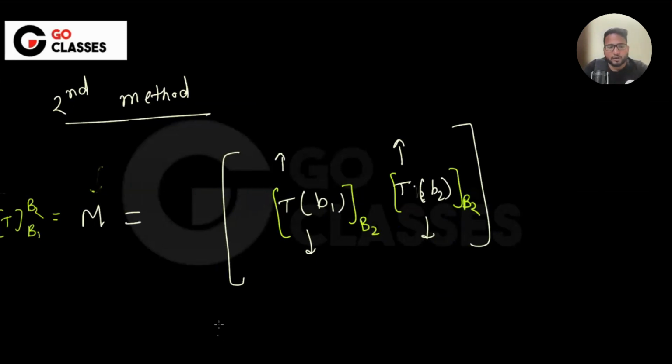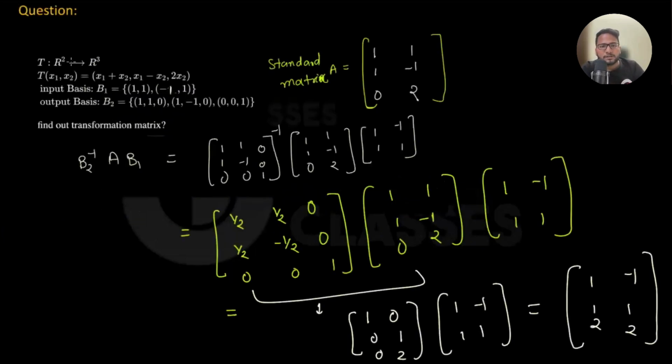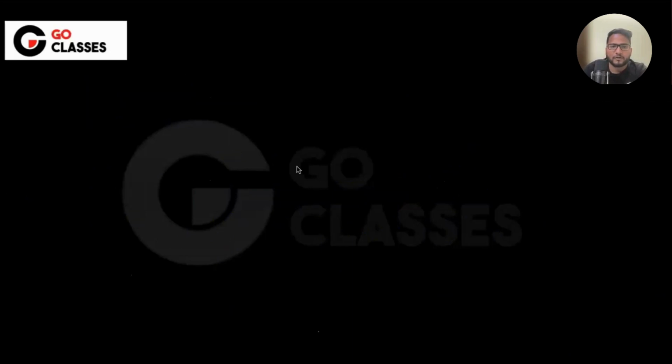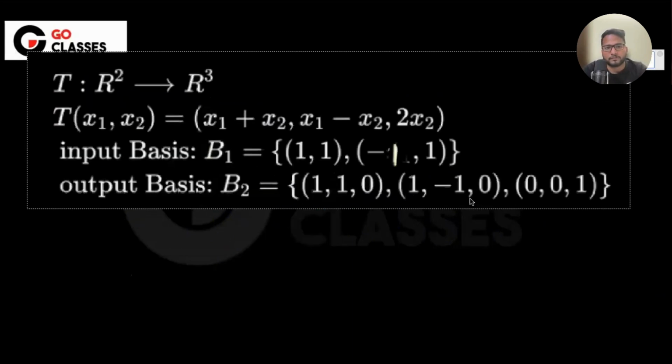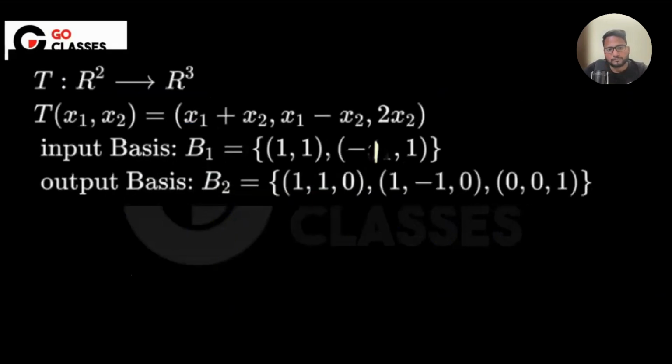So let's do this. Can you do the transformation of this b1? Tell me T of b1. B1 is this, the transformation is this: x1 plus x2. Maybe I can copy this on the next page, and then you can tell me what T of b1 is. x1 plus x2, 1 plus 1, I think this will be 2, 0, and then 2x2, which is 2, right?